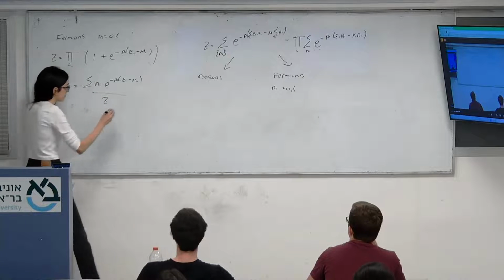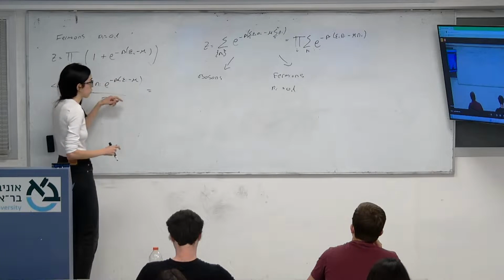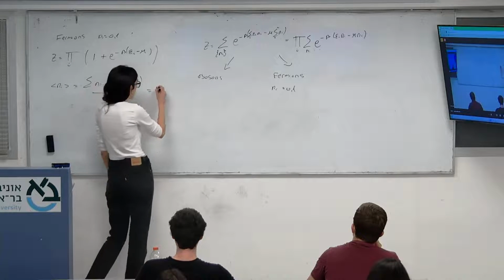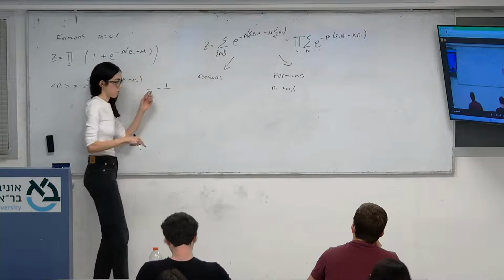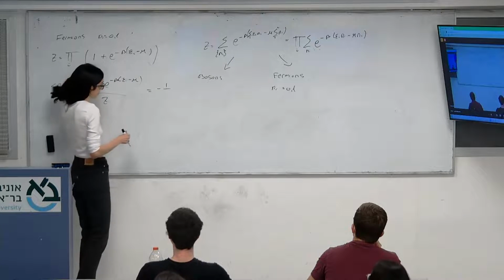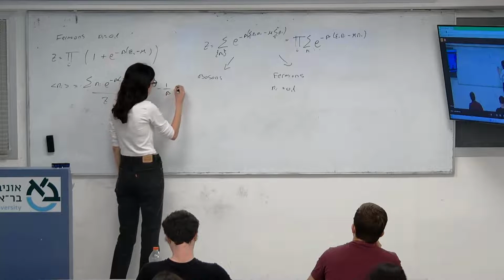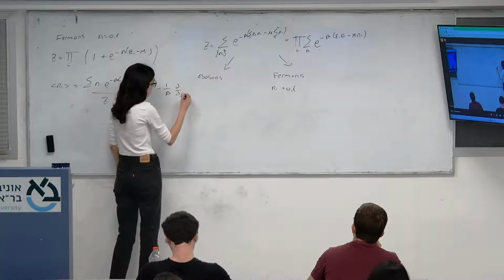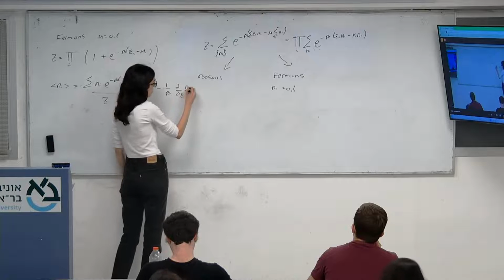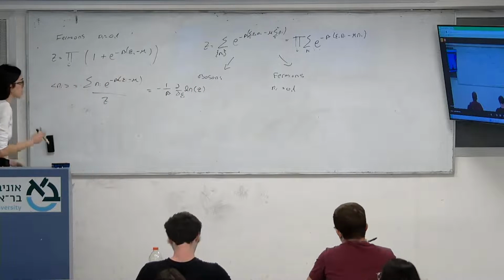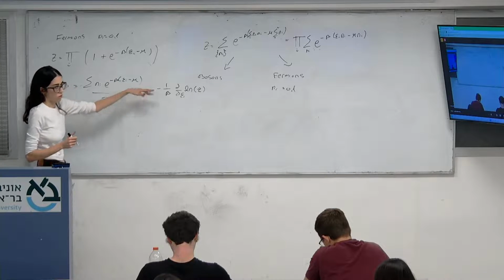Or you can show from the definition of the partition function that this is equal to 1 over beta, and then the derivative over epsilon of the ln of Z, which is also an equation that we use for a classical ensemble. You can take the derivative and show that they are equivalent.